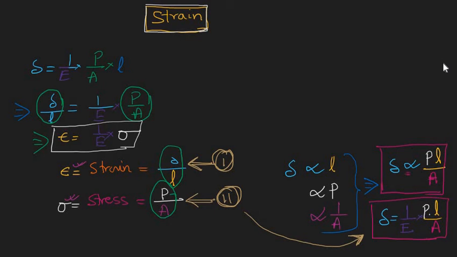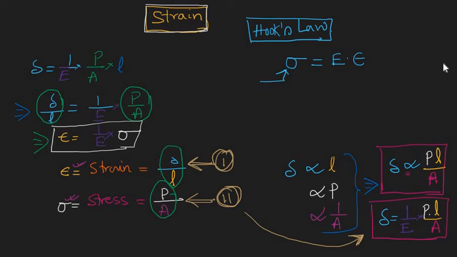This is a very famous formula, Hooke's law, that is stress is equal to E times epsilon, where sigma is stress and epsilon is your strain. This is the famous Hooke's law, and just now we have learned how this law has been derived.